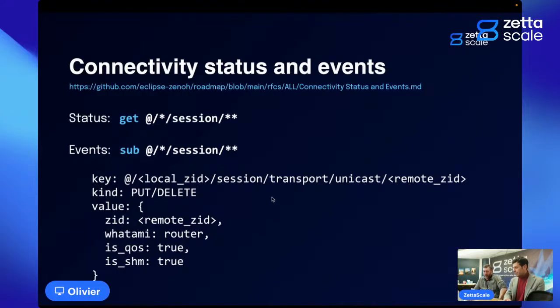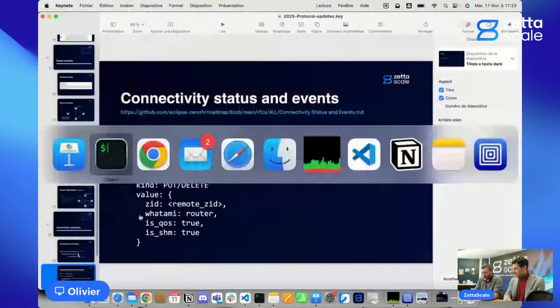Yeah. You get a put when it's a new transport and a delete when it's a closing transport, and a value which will contain some more information about this transport in JSON format. So maybe we can just demonstrate this very quickly. The best way, yeah.